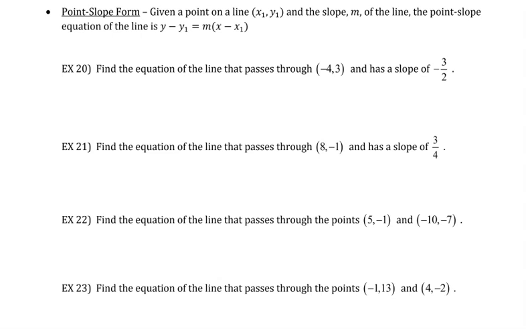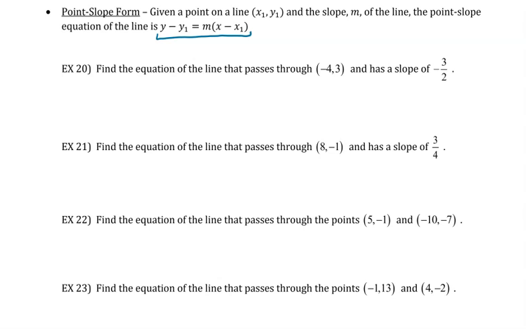If it's any other point on the line though, we are going to have a new equation. So this right here is called the point slope form of a line. And the cool thing about it is any point and a slope can give you this form.